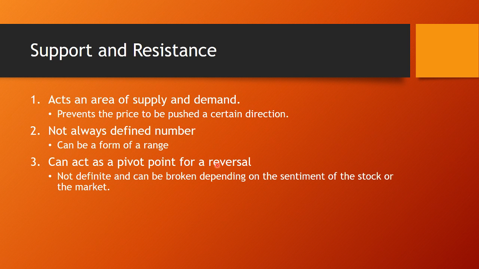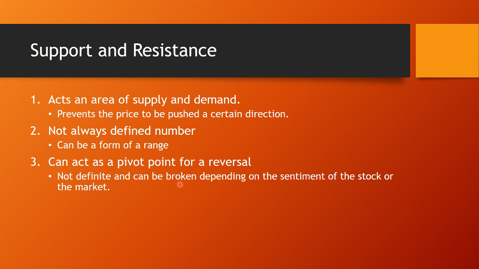They act as pivot points for a reversal. If the stock price is moving up, a resistance would prevent it from moving higher. And in a bearish trend, the support will pivot and then push the stock right back up.